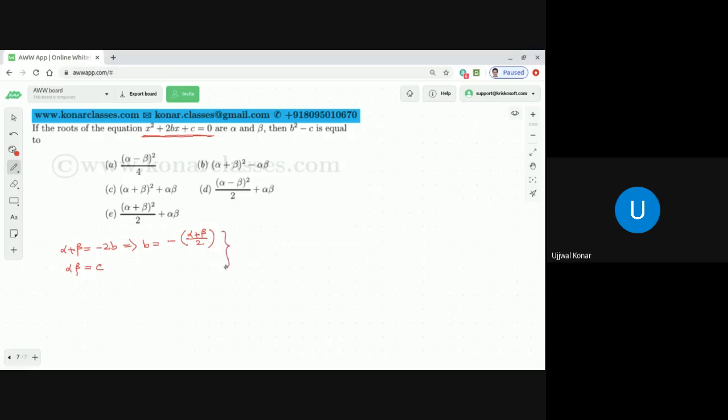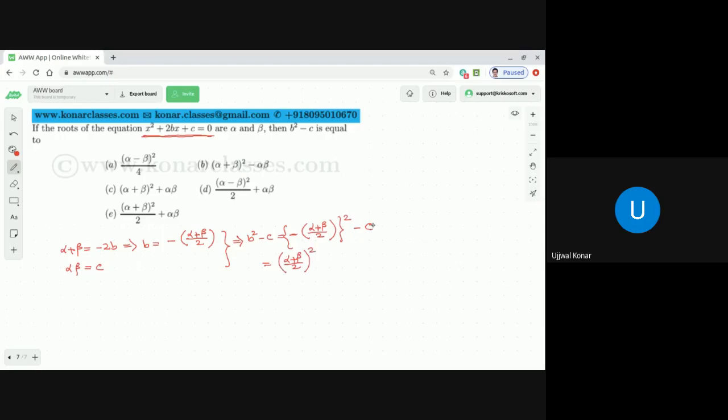So from these two, what we can find, dear students, is b square minus c. B square means minus of alpha plus beta by 2 whole square, that is b square minus c. So this is equal to what? Alpha plus beta by 2 whole square. I'm sorry, minus c.